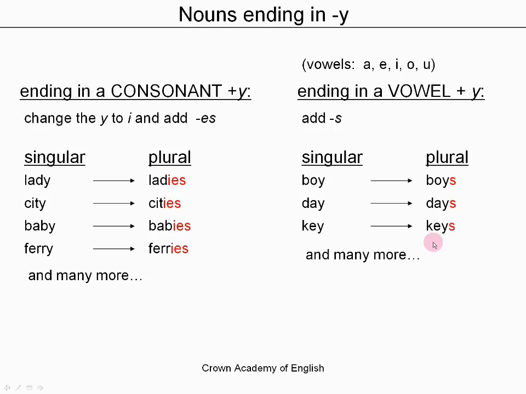And again, there are many, many more. These are not the only ones. This is just a very small sample. So the rule, when the noun ends in Y, if it is a consonant and then the letter Y, then we must change the Y to I and add ES. And for all the other cases, when it ends in a vowel first, then we just add the letter S.